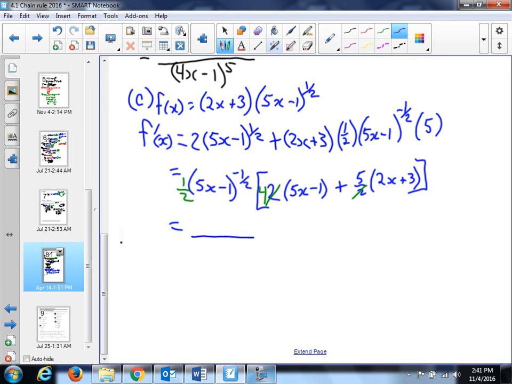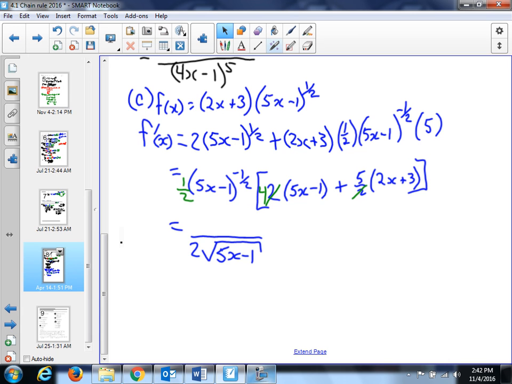So I have 2 on the bottom. I'm going to now call this half power a square root. So 5x minus 1 under the root sign. And on the top, like you were saying, distribute. But now I'm going to distribute a 4.